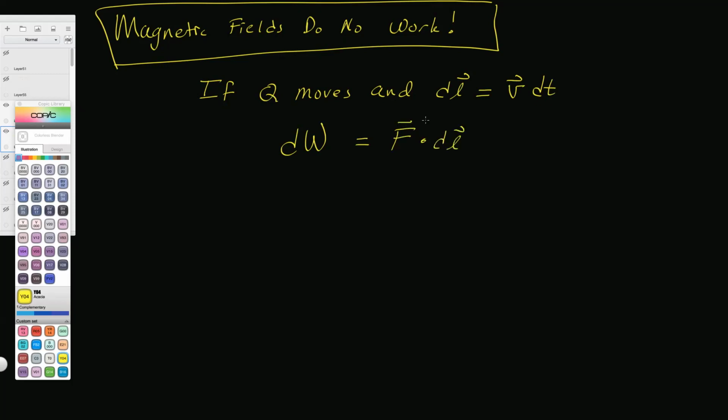But here the magnetic field would be doing the work. Let's see what happens. So this would be F mag dot dl. And we know that F mag is Q V cross B, dot V dt, because that's what dl is. Okay, why can I immediately tell that this is 0?